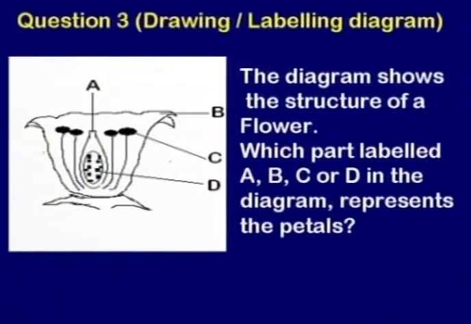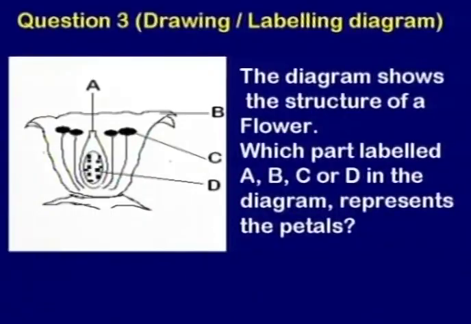Which part labeled A, B, C, or D in the diagram represents the petals? What's your answer again? B. Receiving students, you agree with that? All agree? Yes. All right. B is the correct answer.